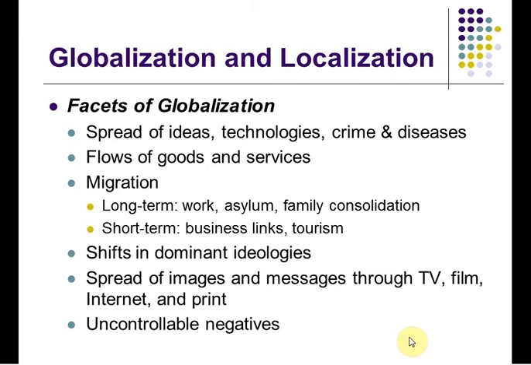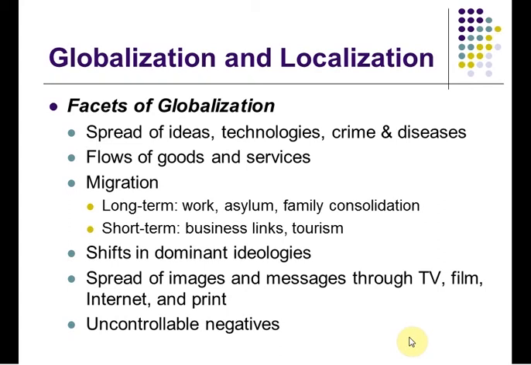Migration also adds to this. It used to be that humans, during prehistoric times, would migrate in small clusters around the world. In other words, they might migrate the way that monarch butterflies migrate from North America down to Mexico and back as part of their life cycle. Shorter distances.